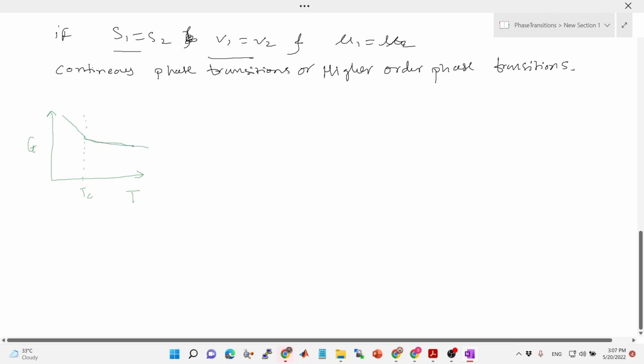So this is what it will be. This is the first phase, and this is the second phase.